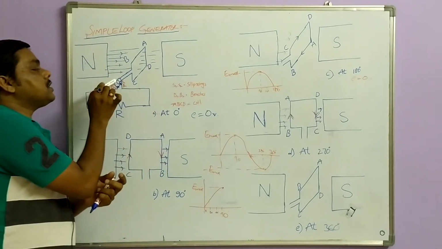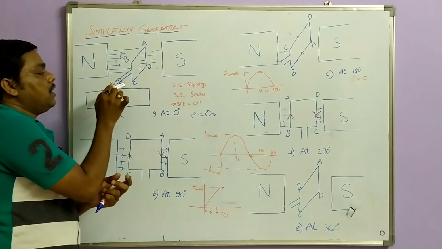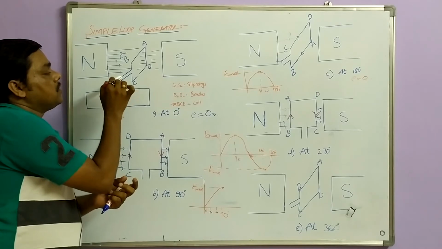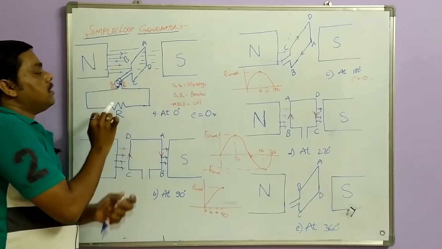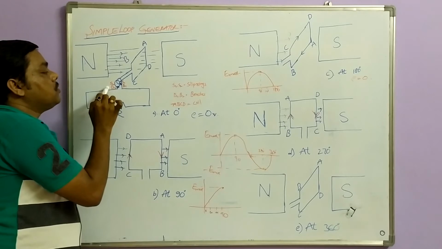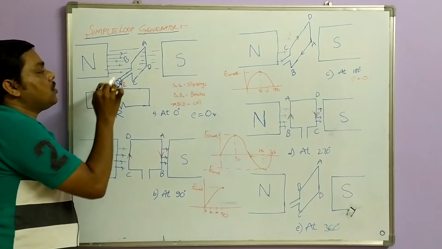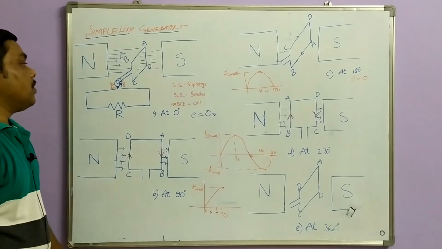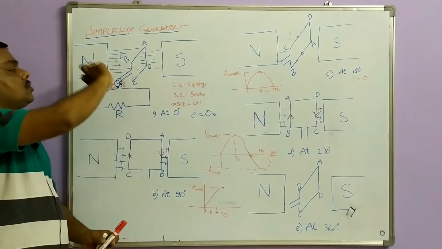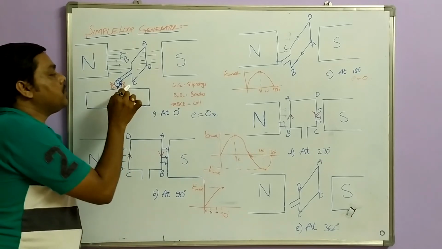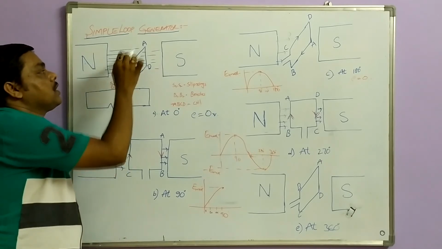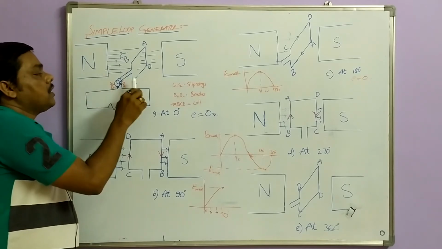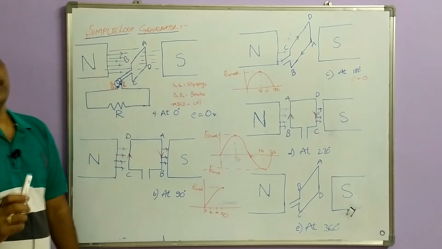I attached a slip ring S1 and brush B1 to this conductor, which is AB, and slip ring S2 and brush B2 connected to conductor CD. While the conductor is rotating, brush B1 collects the current from conductor AB, and B2 collects the current from C to D.